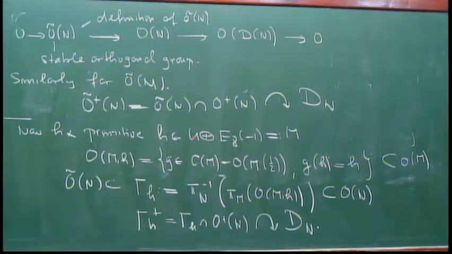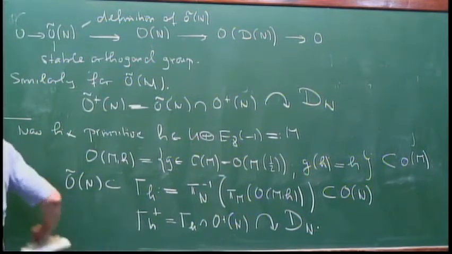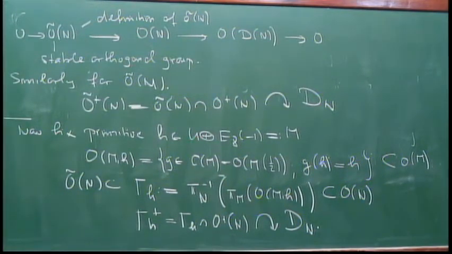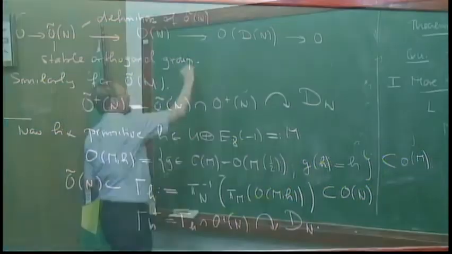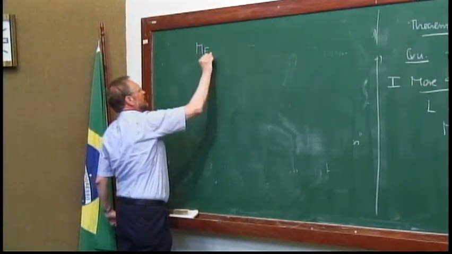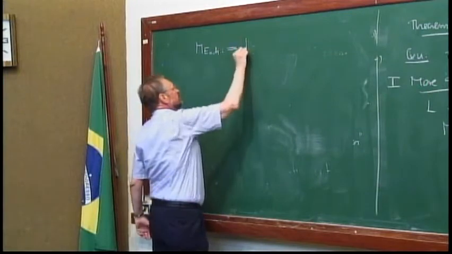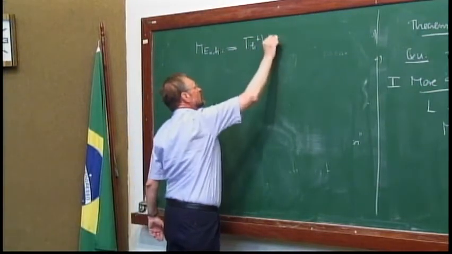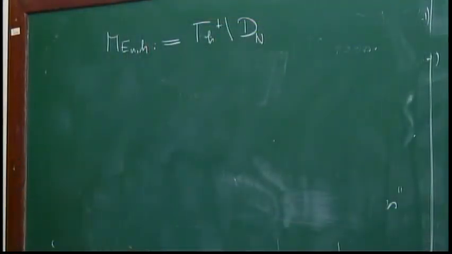The question is why one should do this. Okay. So let me now put M, E, N, H as the quotient of Dn by this group.